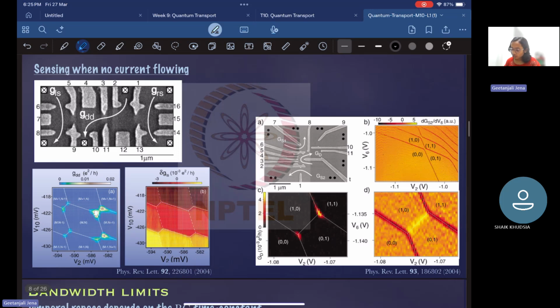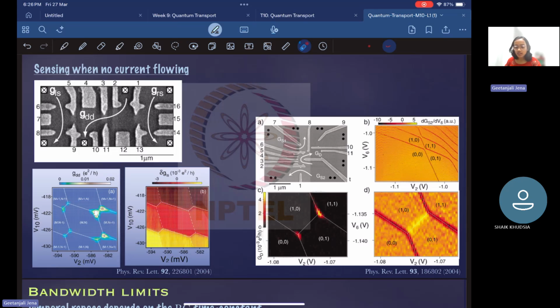What I mean is, if you look at this plot, this is the stability diagram that we have seen earlier, that is, the variation of current through this quantum dot as a function of the gate voltage.